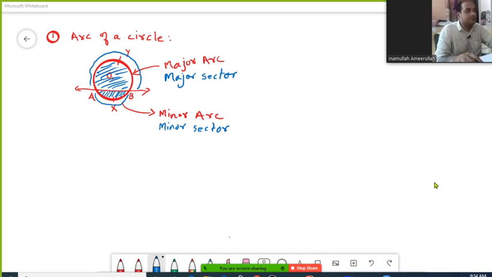Whether it is major arc or major sector, both will contain center of the circle. And if it is minor arc and minor sector, then in that part, center will not be covered. That is the reason one is minor, one is major.